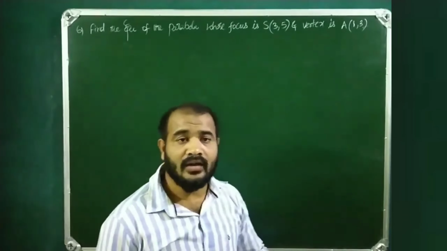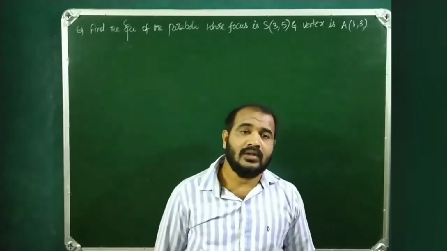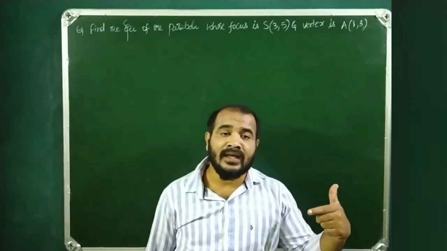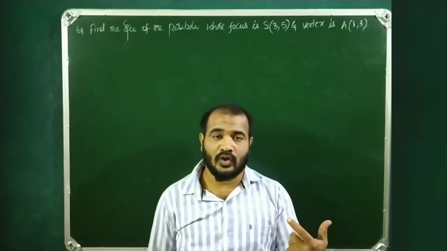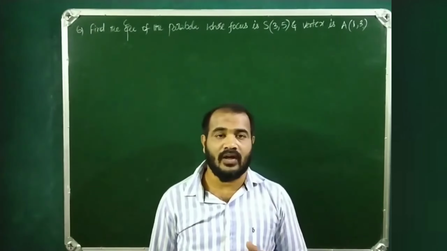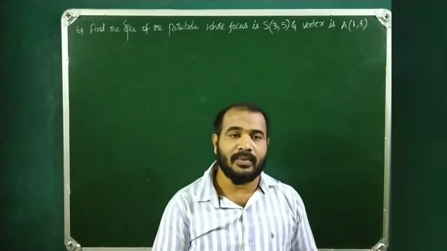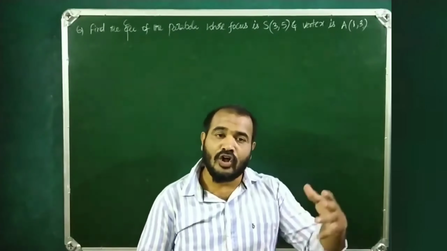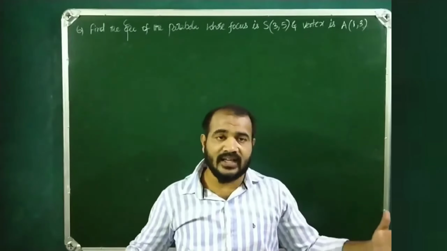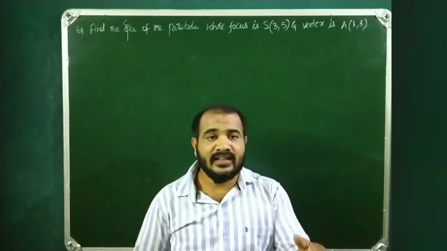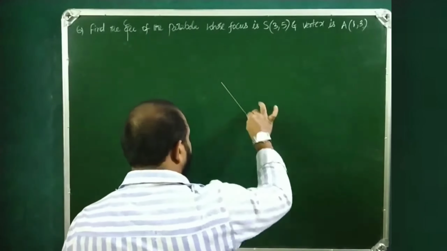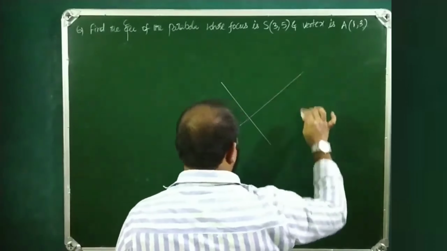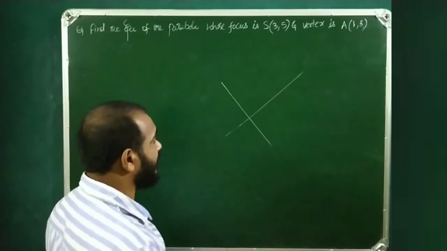If you remember, this is the ninth case of the topic various forms of a parabola. We have discussed all 8 cases, and the ninth case also we discussed at the end. That is, the parabola is neither symmetric about the x-axis nor the y-axis.